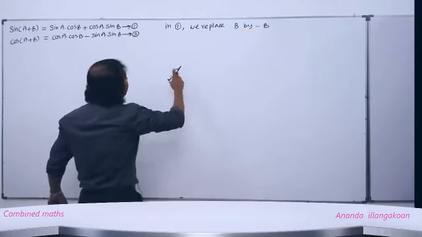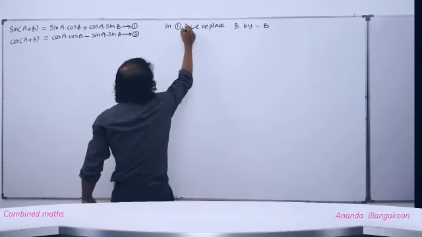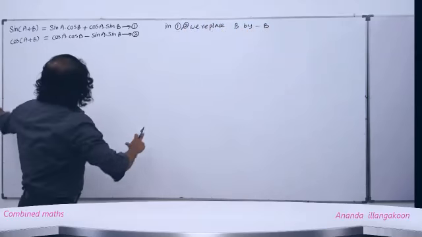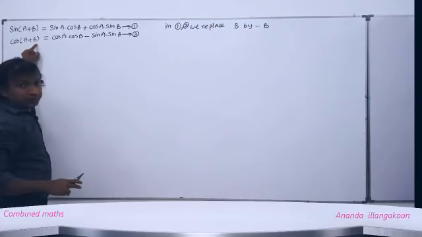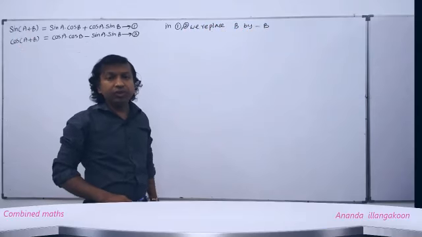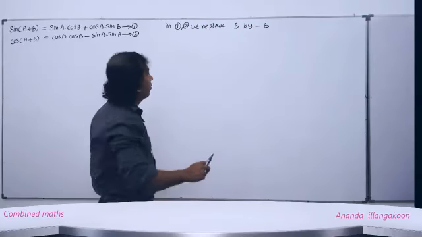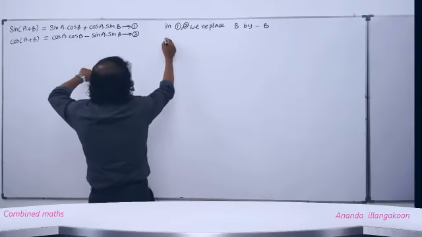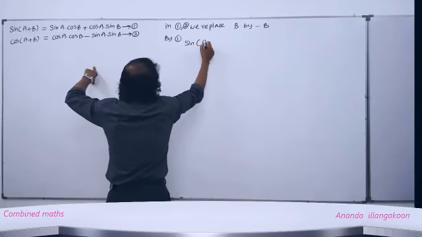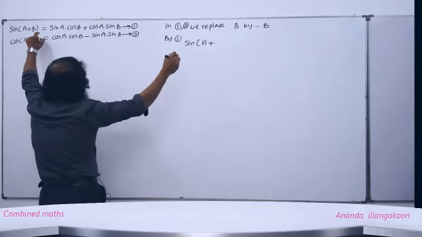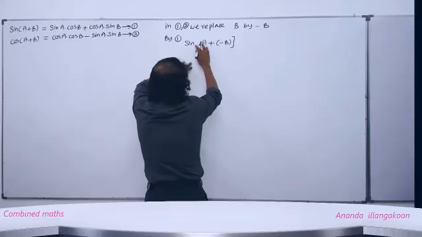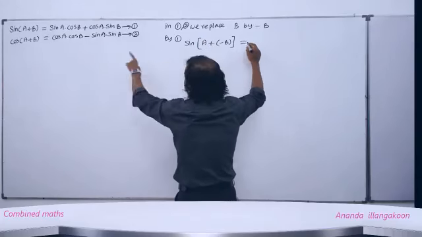In number 1 and number 2, both, we replace this B angle by minus B. That means instead of B, we put minus B. Let's put it and see. By 1, what do you get, people? Sin A plus, for this B, we put minus B. On the right hand side, what?